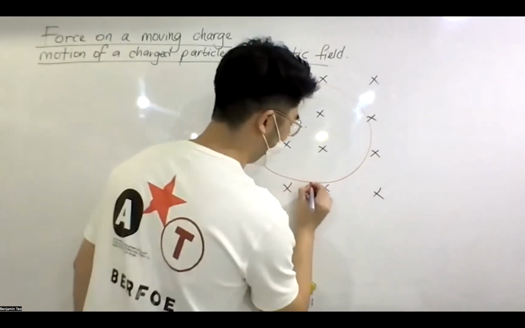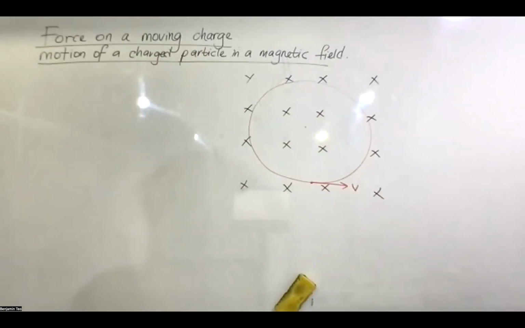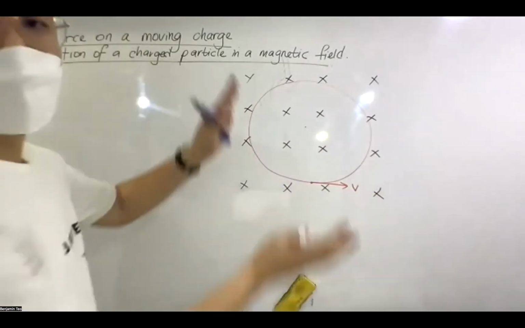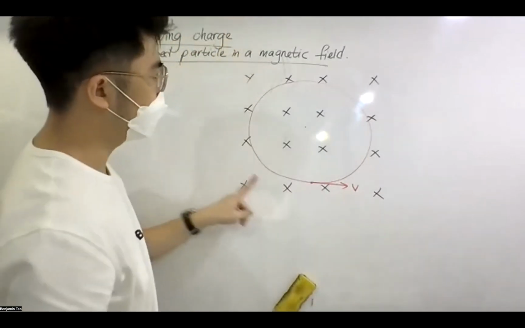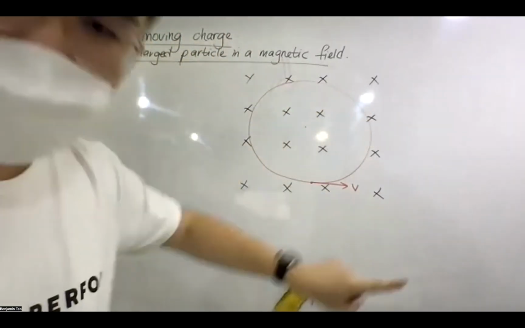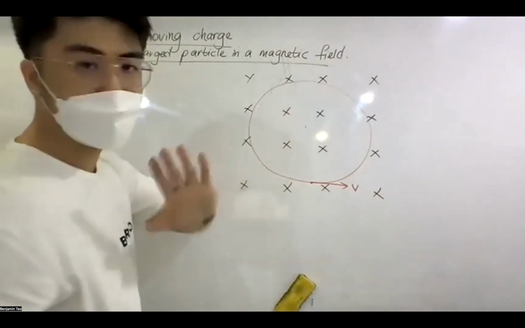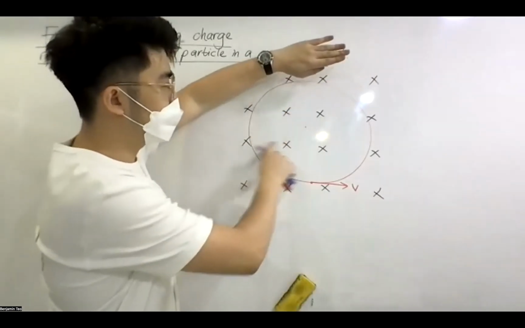This is the velocity vector of the charge. Okay, so if your field is big enough, then the charge will eventually move in a circle. If the field is not big enough, then maybe it will only change the course.